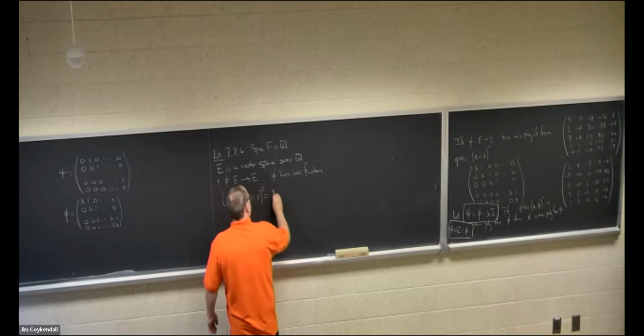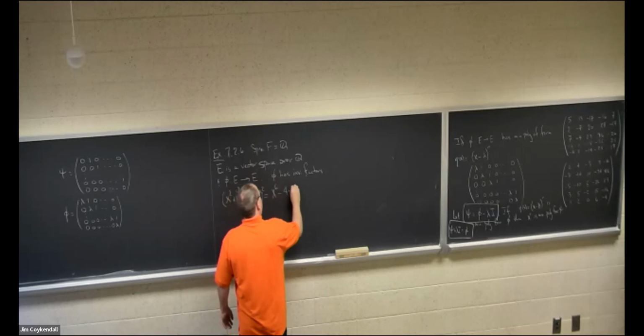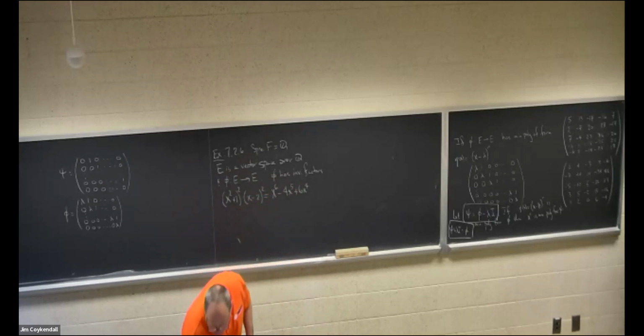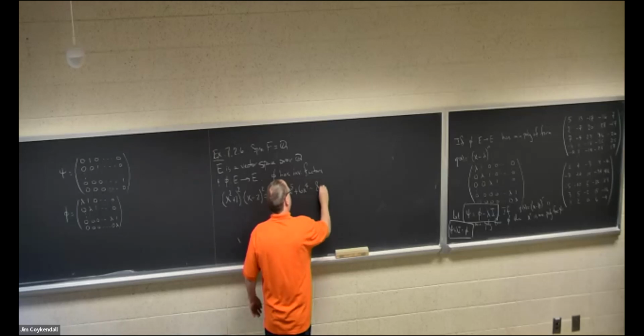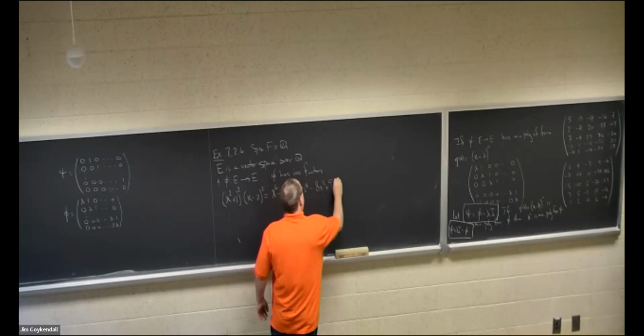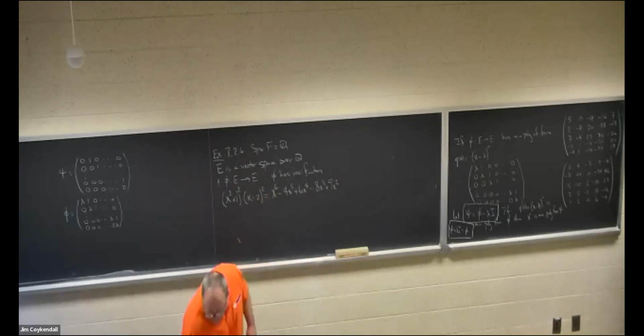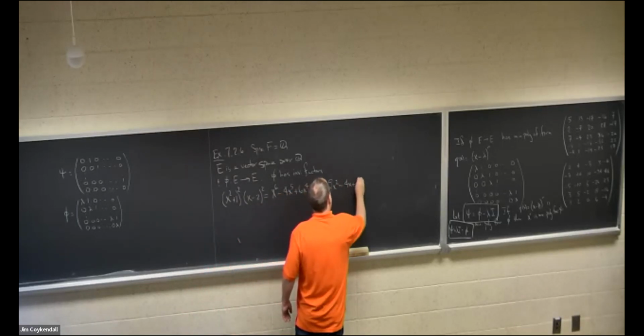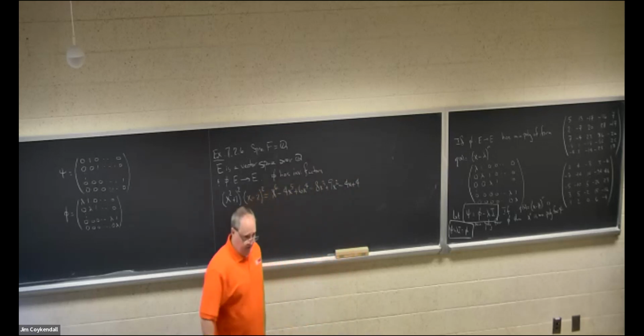And for your convenience, I've multiplied this out: x^6 minus 4x^5, 6x^4, I think, minus 8x^3, and so on, minus 4x plus 4. So there's one of the invariant factors.